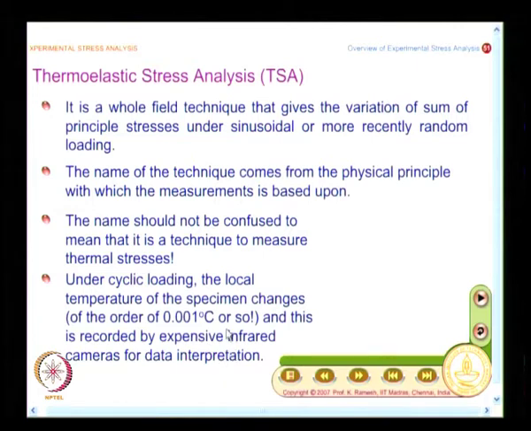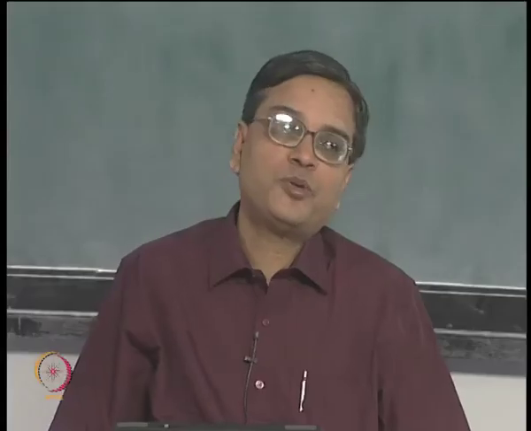So, as technology has advanced, we are able to measure even small changes in temperature. People identified that small changes in temperature take place, and this is exploited to reveal information of the stress field, and it gives you a particular kind of stress field.